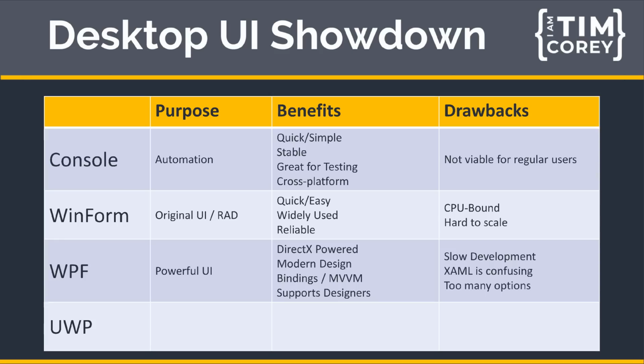So WPF has a ton of power and a ton of features. With all that power comes option overload. And that can cause some negative backlash when it comes to developing WPF applications. The biggest one that I see, though, is slowness. The idea that you can't just crank out a WPF app nearly as fast as you can these other UIs so far. Okay? So those are the three that people normally know about.